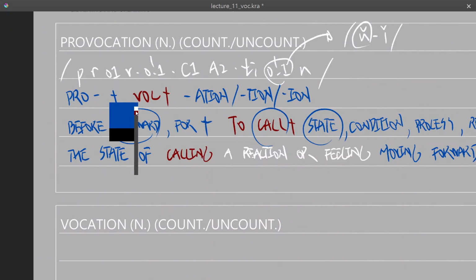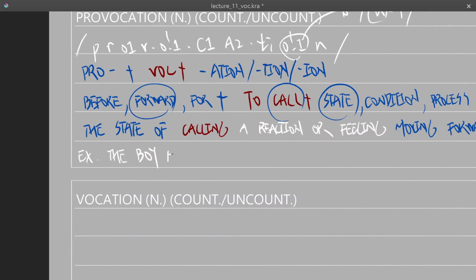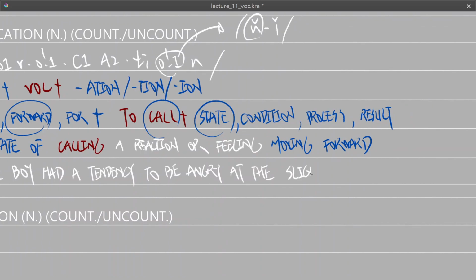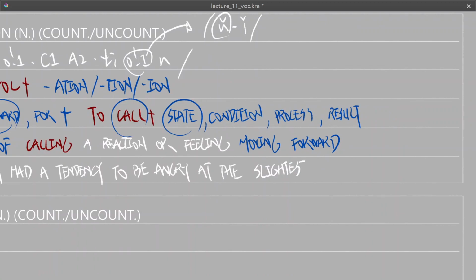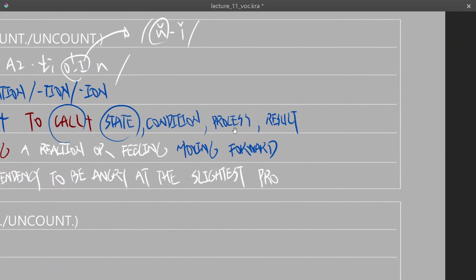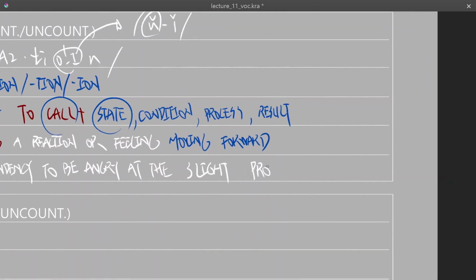Alright, so for example, let's say the boy had a tendency to be angry at the slightest provocation, or at a slight provocation.